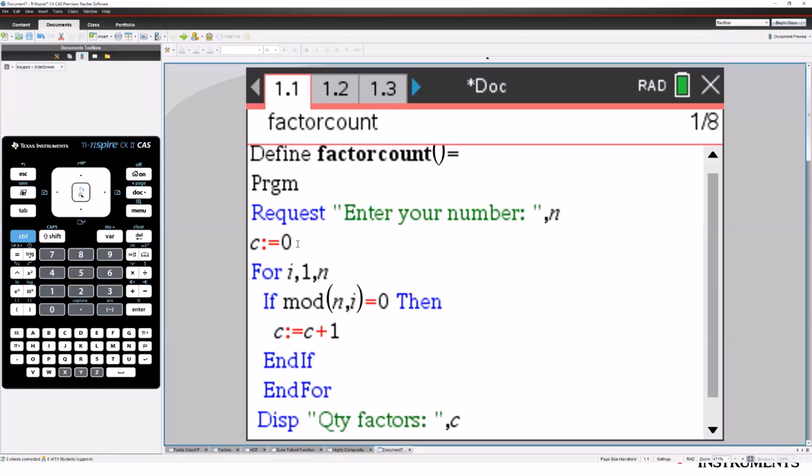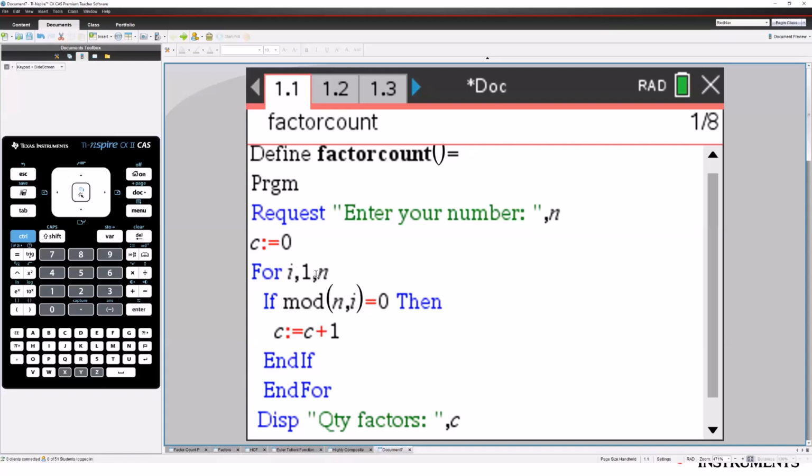We need to set the counter equal to 0, otherwise we don't know what it is. So adding 1 to it, if C is already equal to some value, like minus 10, we could get minus 1 factors. Here's our loop, for I equals 1 to n. So we're going to navigate through this, and then each time we go through, we check, is it divisible by our number I?